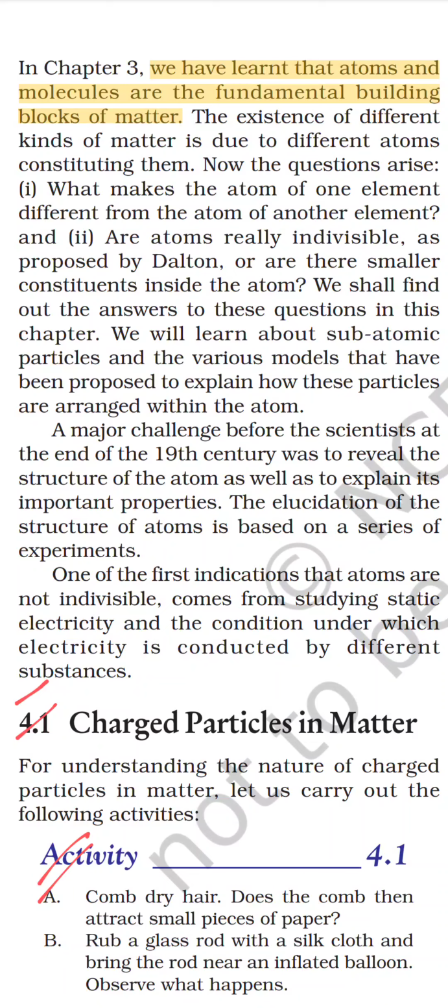Activity 4.1. A: Comb dry hair. Does the comb then attract small pieces of paper? B: Rub a glass rod with a silk cloth and bring the rod near an inflated balloon. Observe what happens.